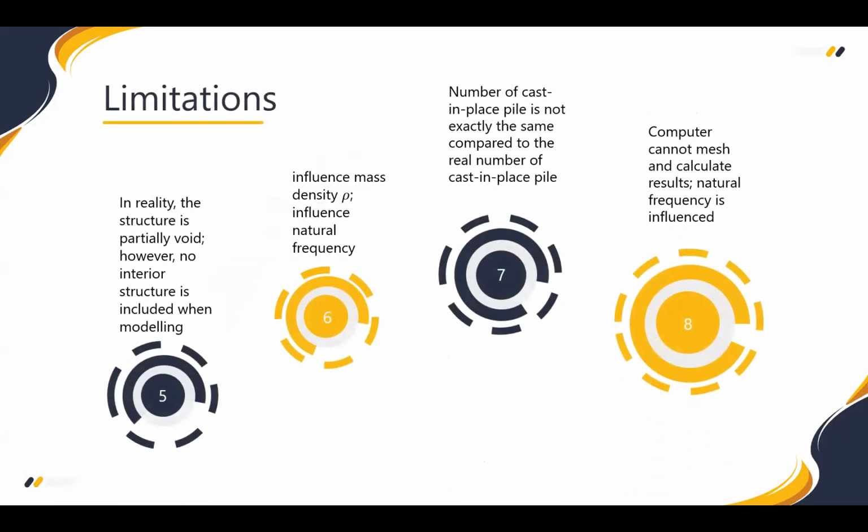And for the fifth limitation, in reality, the structure is partially void. But in ANSYS, the structure default is set to be solid. So our group realized this issue, so we changed the mass density to match as closely as possible the real mass density of the tower.